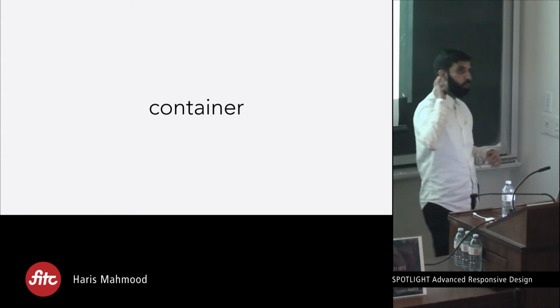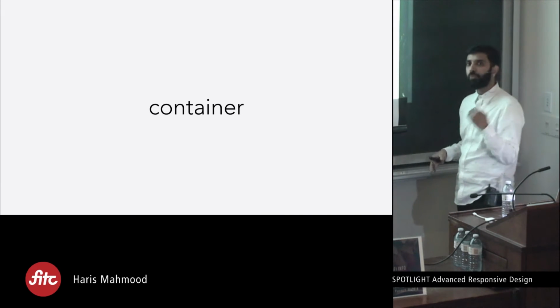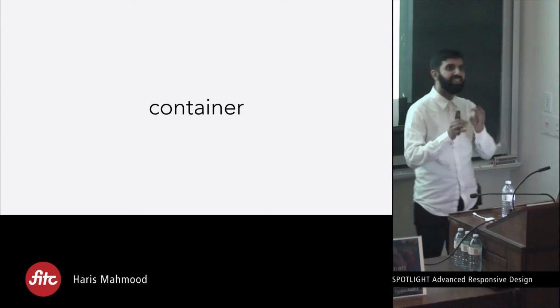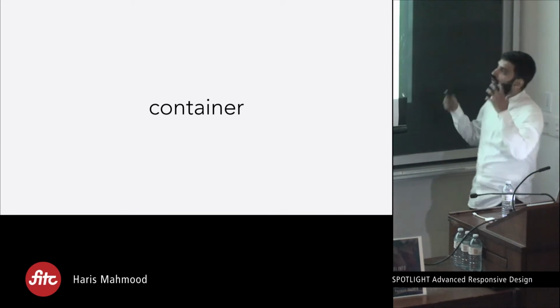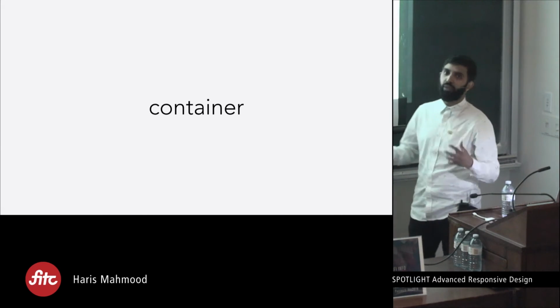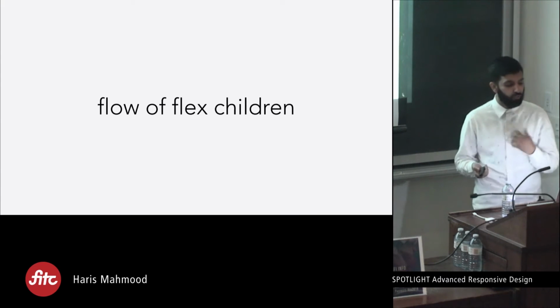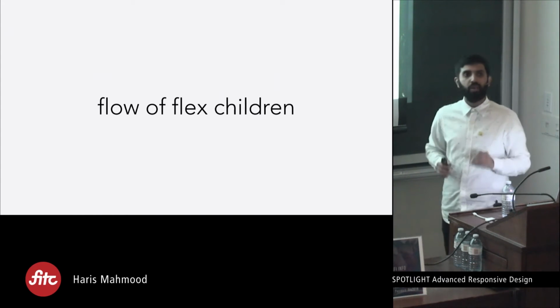Now, if you remember Berman's talk right before lunch, you'll notice that the majority of CSS properties that we were looking at were applied to the container and not the elements inside the container. And that's because the space of mind you're supposed to be in when working with Flexbox is the flow of elements or the flow of children. So you're not worried about how this one item is going to behave.